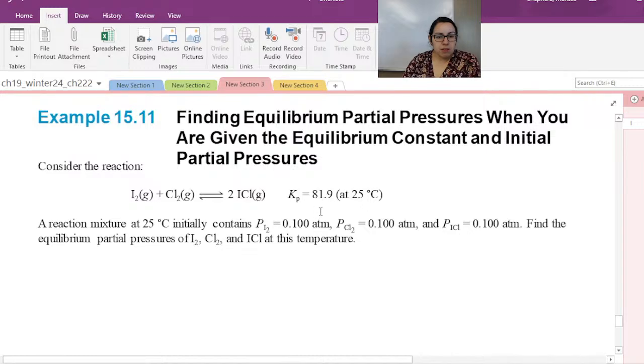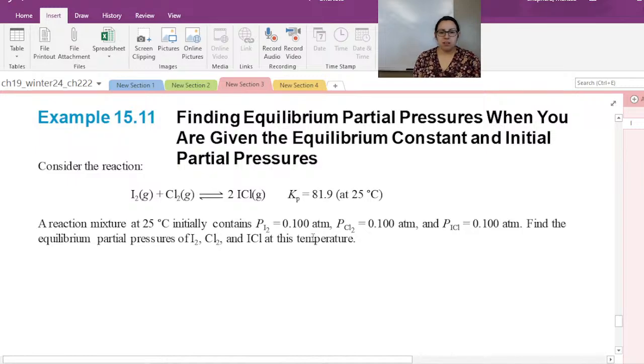We have a Kp of 81.9 at 25 degrees Celsius. And we have a reaction mixture initially with 0.1 atm of iodine, 0.1 atm of chlorine, and 0.1 atm of iodine chloride.